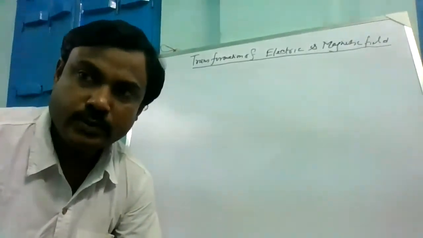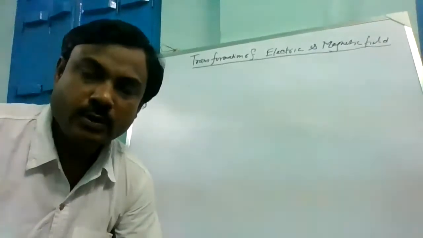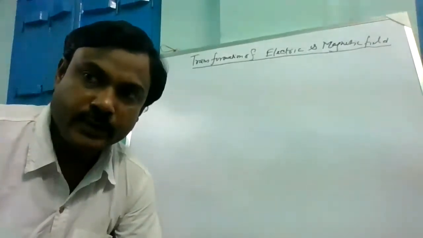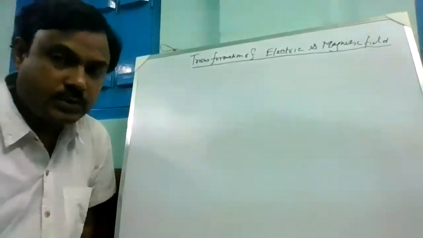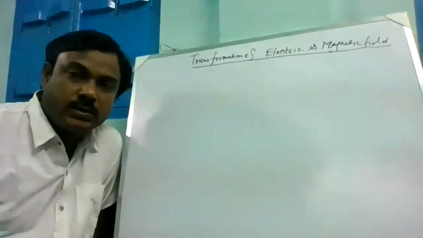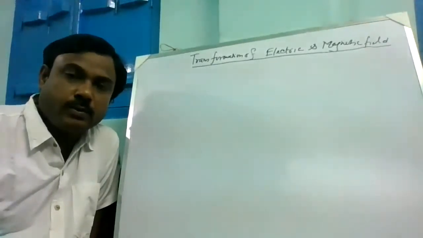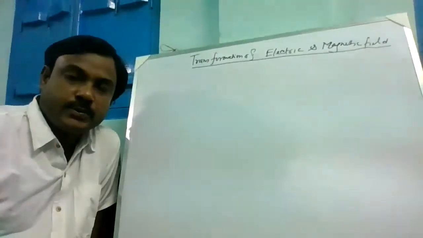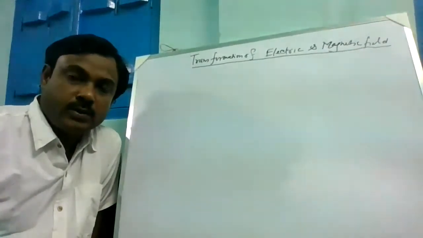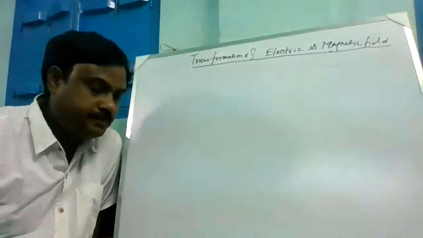We are discussing the transformation of electric and magnetic fields under Lorentz transformation. Since we know that the electric field and magnetic field are components of a second rank tensor, either covariant or contravariant, we are taking the contravariant field tensor.